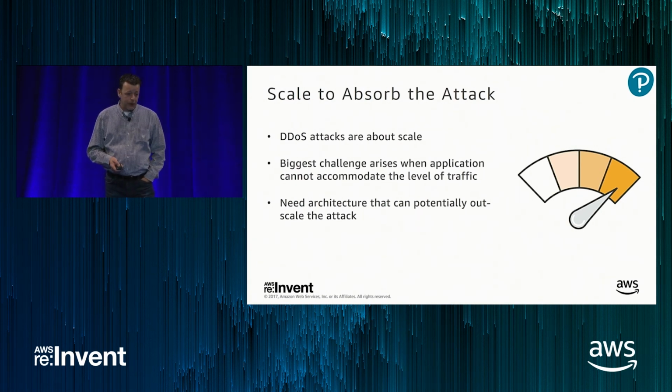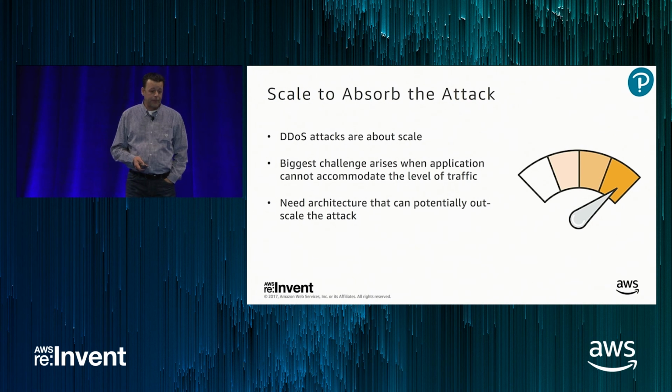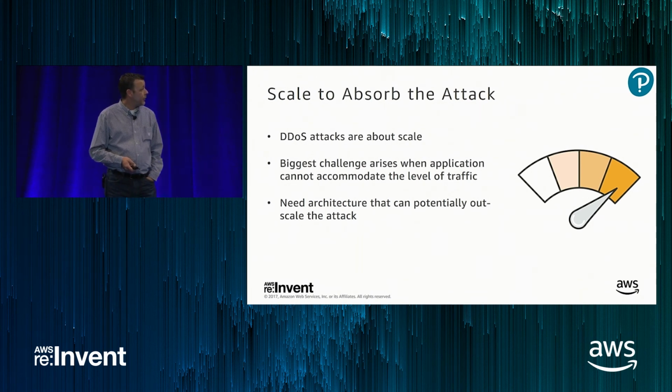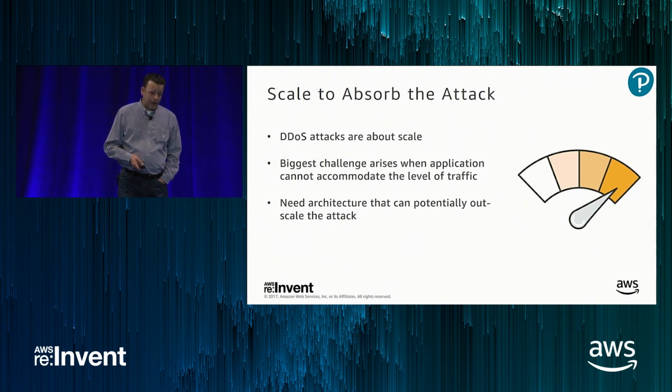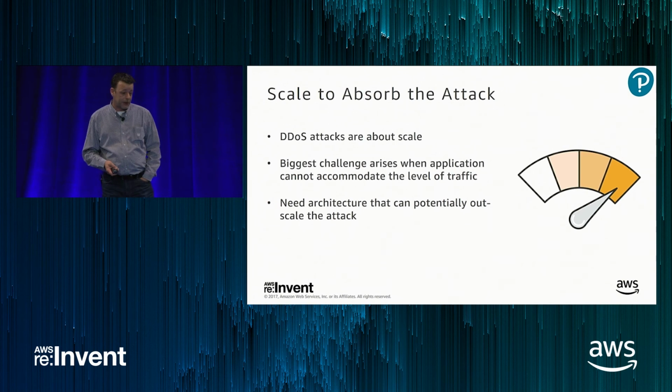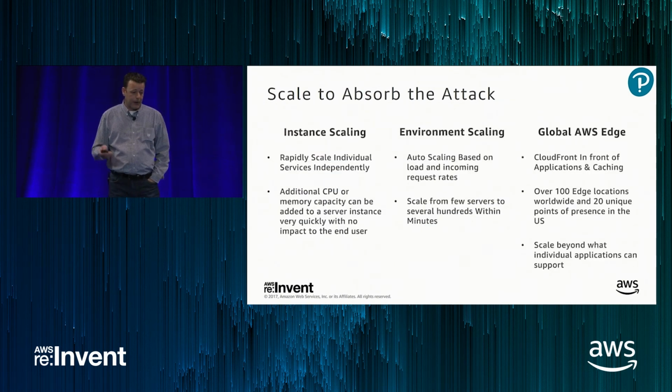Moving along. DDoS attacks are mostly, not all about, but mostly about scale. The biggest challenge we have is when the application can't accommodate the traffic that's being driven by those attacks. So we needed an architecture that could potentially scale out to absorb that attack.